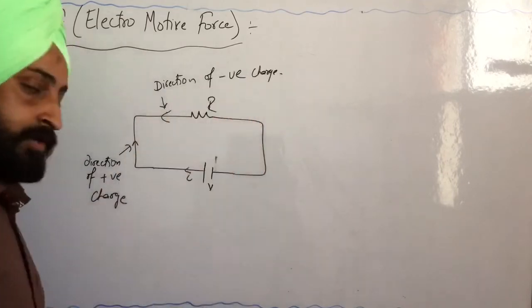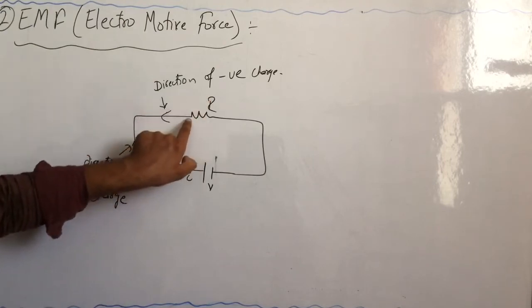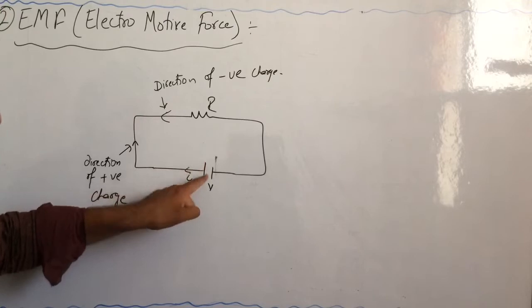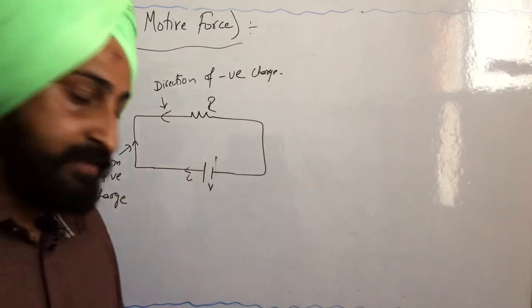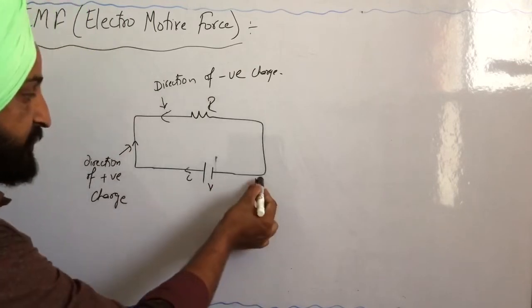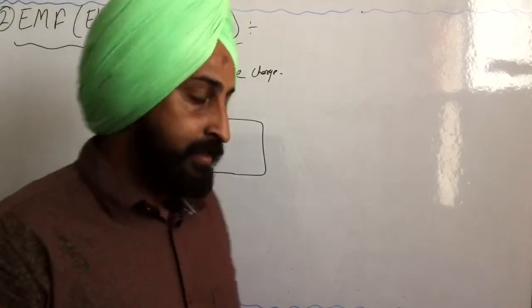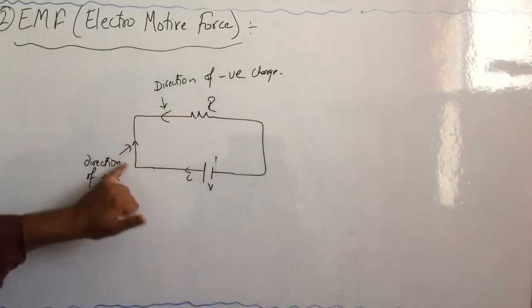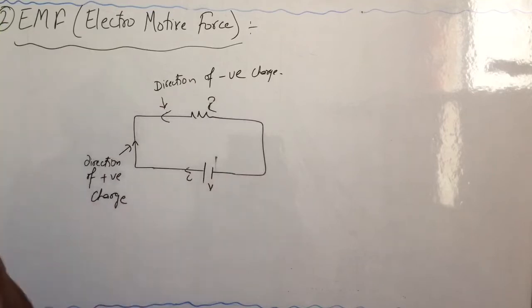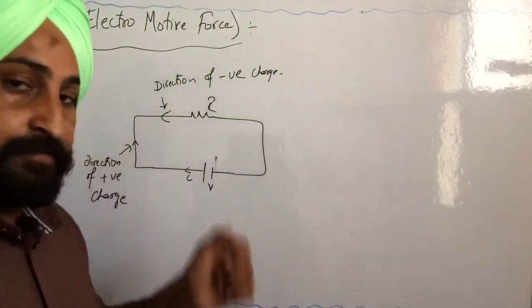Fine. Now you can easily see that when negative charge is moving in this direction, the negative charge will get accumulated on this positive terminal of the battery. Similarly, if positive charge is moving in this direction, the positive charge will start accumulating at the negative terminal of the battery. In this way, the accumulation of negative charge on the positive terminal and of positive charge on the negative terminal will in turn reduce the potential difference of this battery.